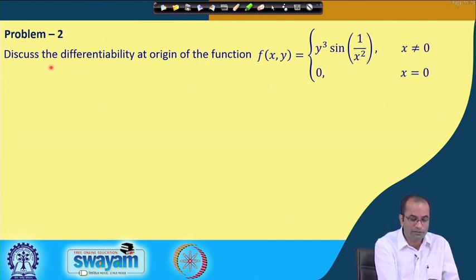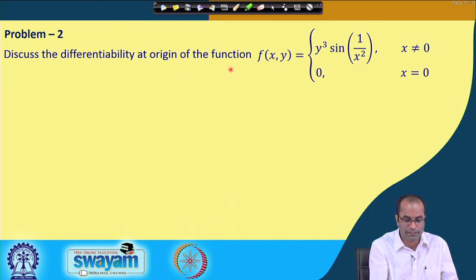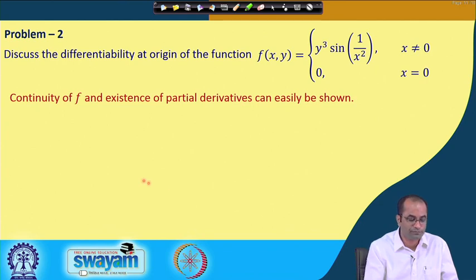The next problem, here we will discuss the differentiability again at the origin of this function: y cubed sine of 1 over y squared when x is not equal to 0, and when x is equal to 0, this is 0. So, we will test the continuity of f and the existence of the partial derivatives, which is easy to see.